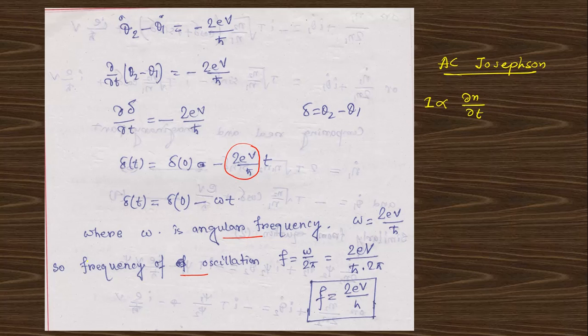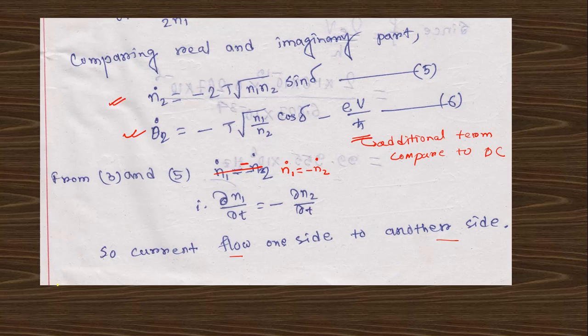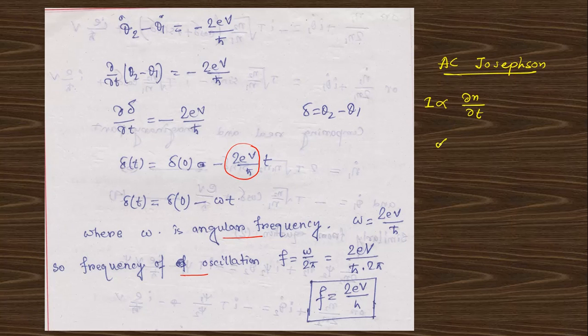You can see n1 and n2 are both proportional to sine delta, so this can be written as I equals I0 sine delta, and delta is nothing but delta 0 minus omega t. This is an oscillating part, not a constant. So this is an AC current flow, or RF current flow.